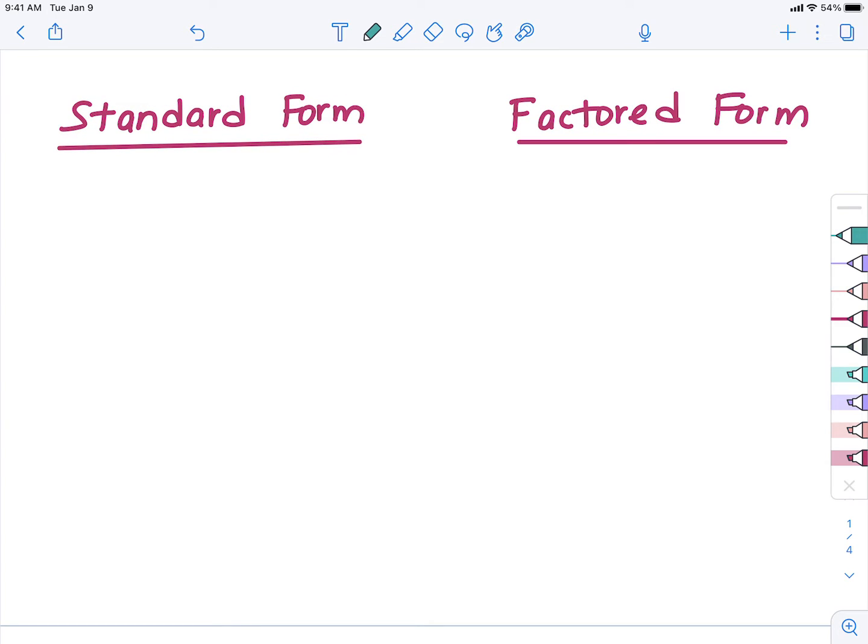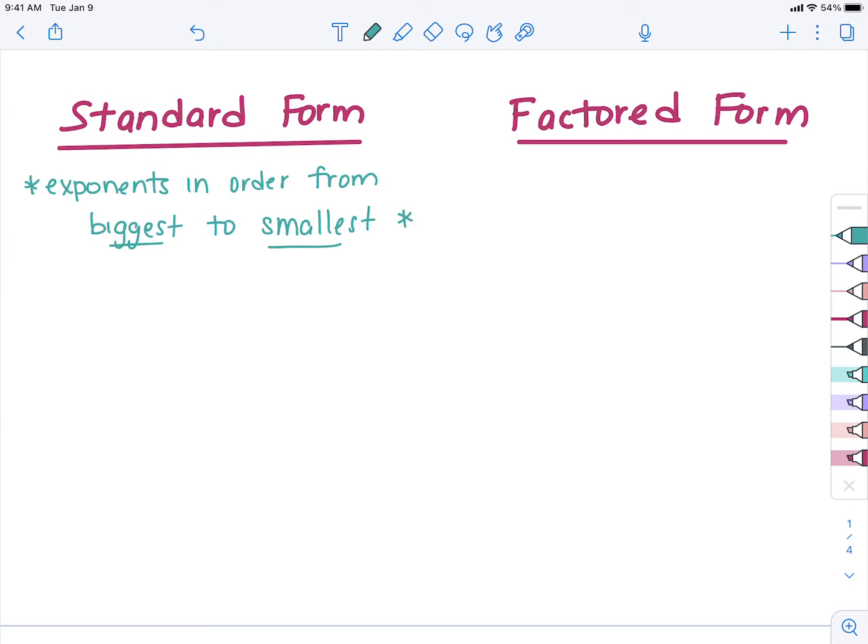Remember, standard form is when our exponents are in order from biggest to smallest, and those are things like x squared plus 3x.